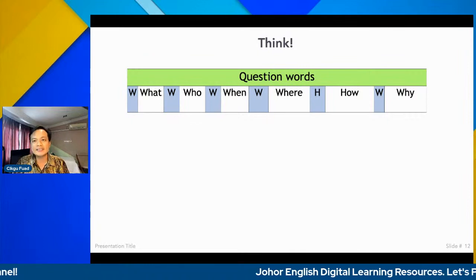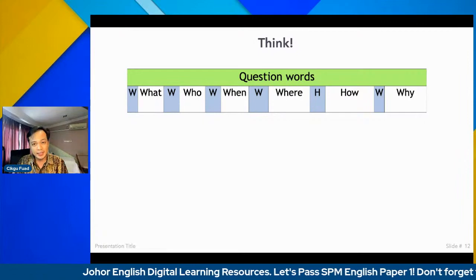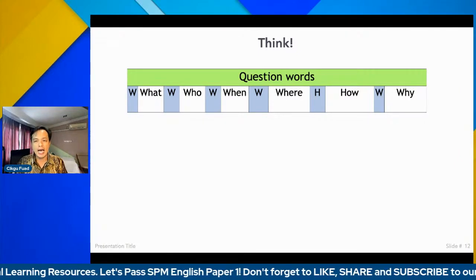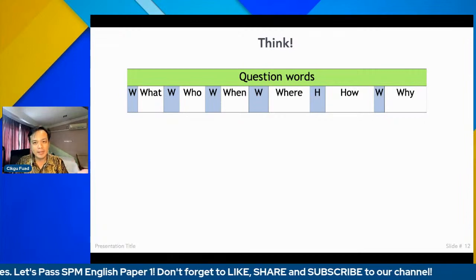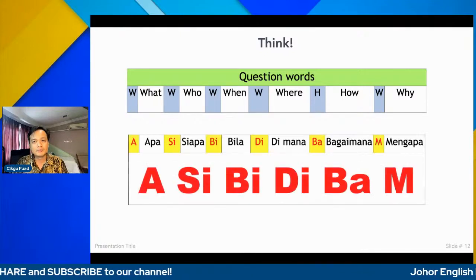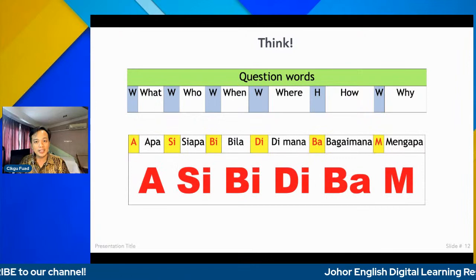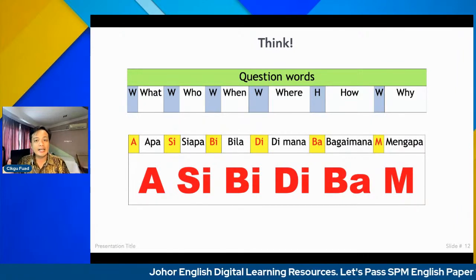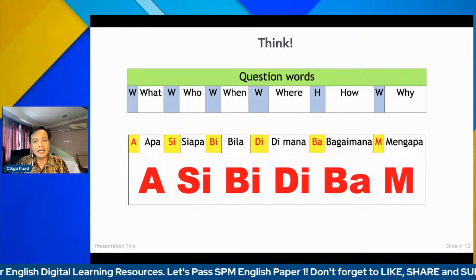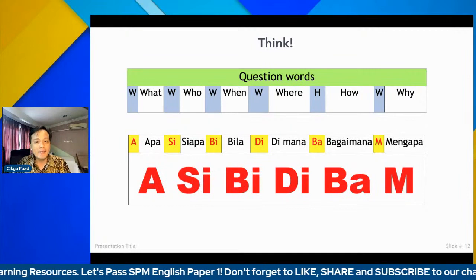Okay, now let us look at question words. I think most of you know this. You have used these before. What, who, when, where, how, and why. What does it mean? Apa, siapa, bila, di mana, bagaimana, dan mengapa. So here comes our formula. A for apa, C for siapa, B for bila, D for di mana, BA for bagaimana, M for mengapa.